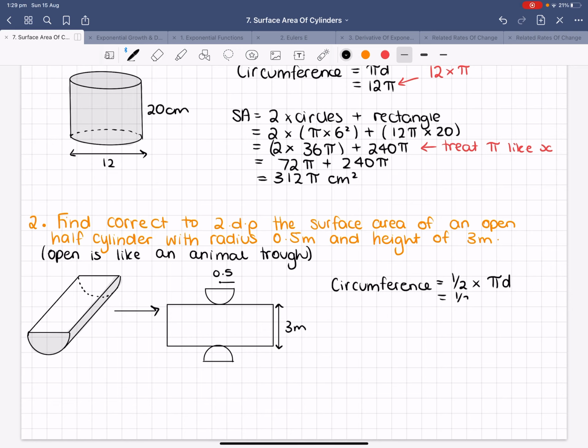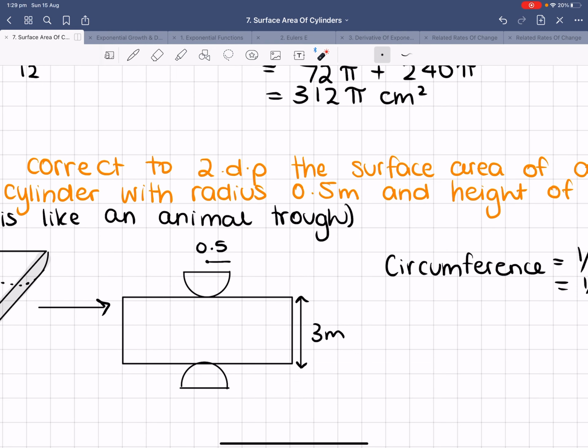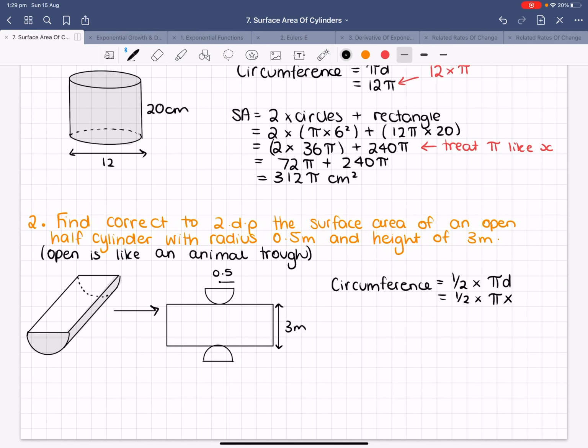So it's a half of pi times, now the diameter of this circle has to be 2 lots of the radius. Because only from there to there is 0.5, that whole thing has to be 2 lots of 0.5, because that's 0.5, that's 0.5, which means that is 1.